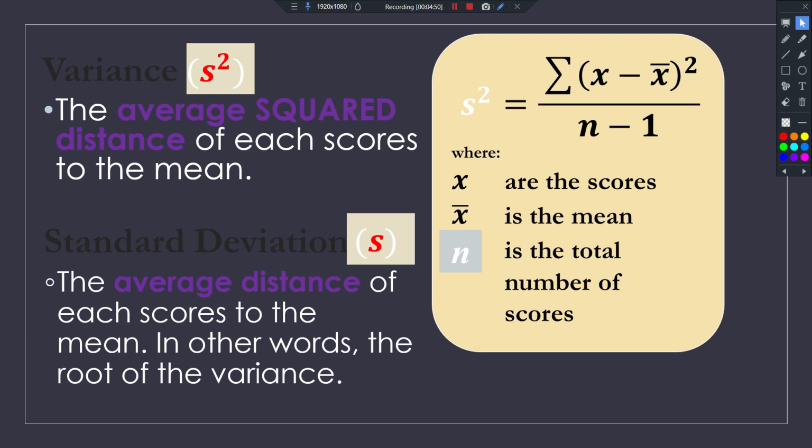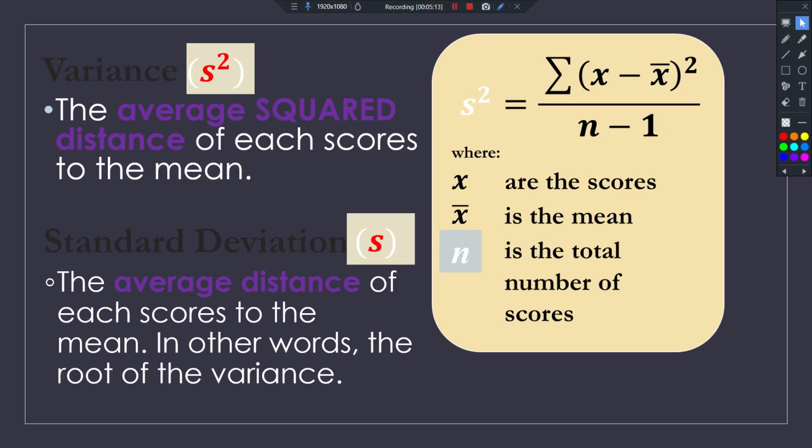And the second one is the variance, the average square distance of each score to the mean. Again, the concept of variance measures the distance of each score from the mean, the average square distance. And the average distance is the standard deviation.